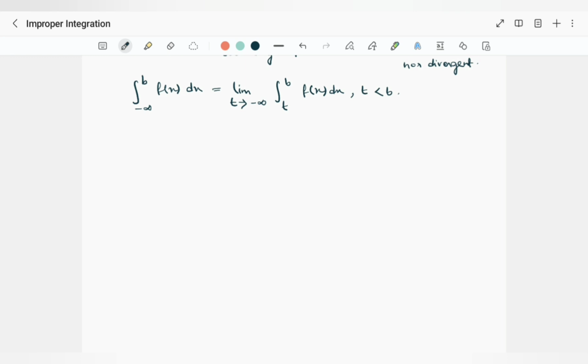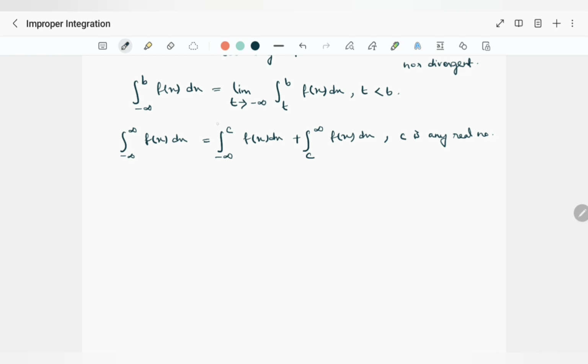Now if the interval is from minus infinity to infinity, then we can break the interval into two parts. Integration minus infinity to infinity f(x) dx is like integration minus infinity to, let's say, c f(x) dx plus integration c to infinity f(x) dx, where c is any real number.